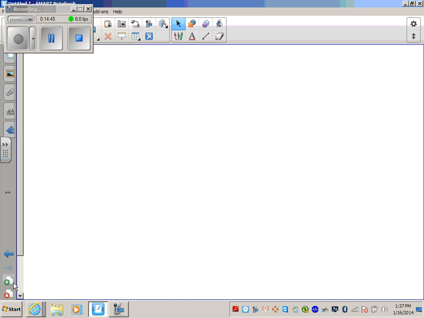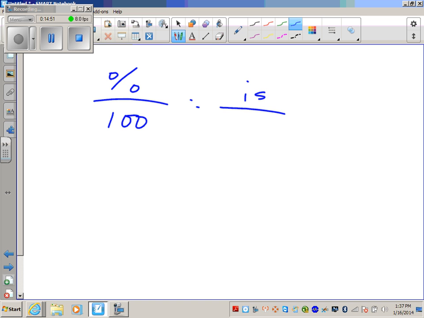Okay, so remember the setup. Percent over 100 is equal to basically the is over the of, the part over the whole. When we start filling in, 68 is our percent. We put that over 100 every time. Anytime you have the percent, put it over 100. And then of 99.